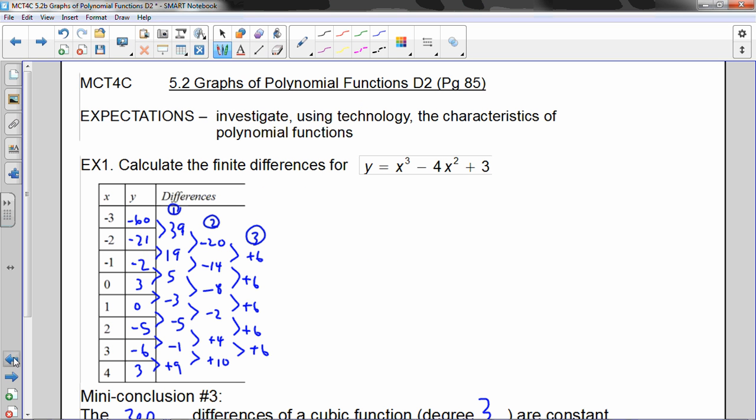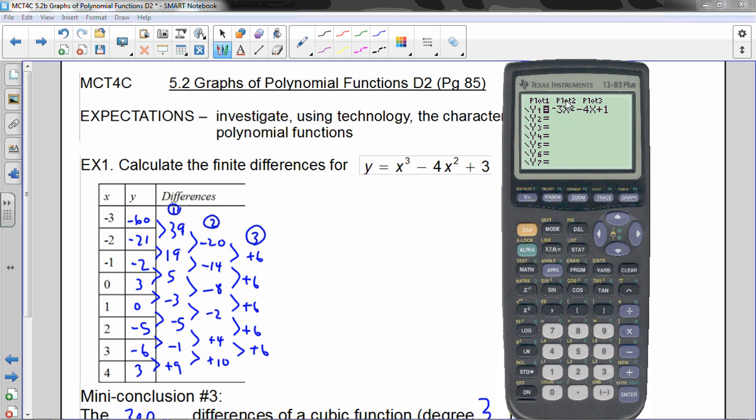Does that make sense? Notice in this function, go back to my graphing calculator. Do I have that in there? No. I'm going to put that in there real quick. X to the exponent 3 minus 4x squared plus 3. Then I hit graph. Right?